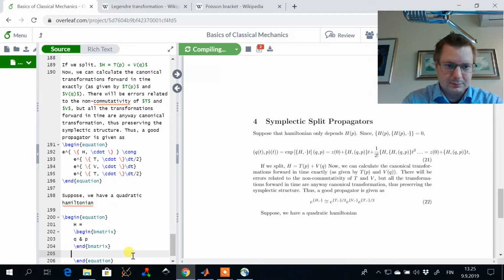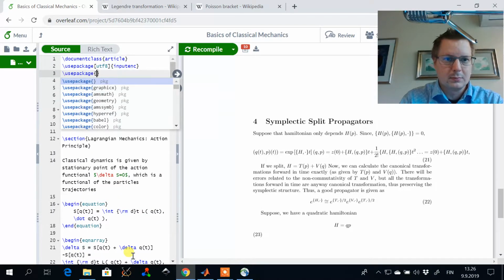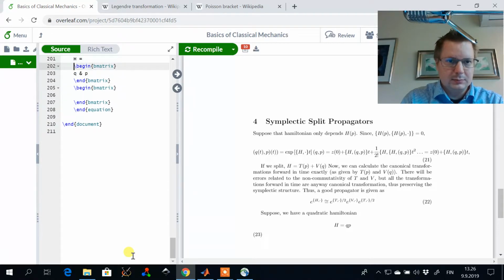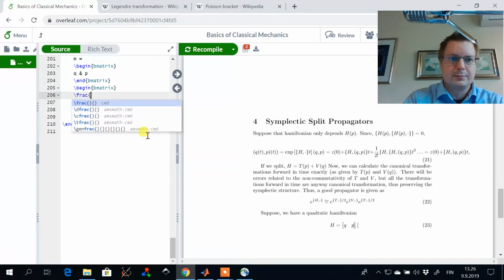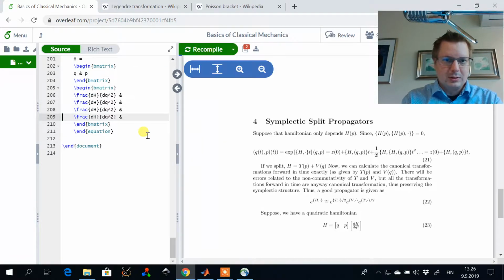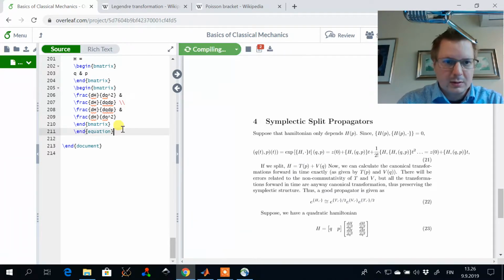And then we have some, so it's like a Taylor expansion kind of thing that we can write the Hamiltonian as a quadratic form.